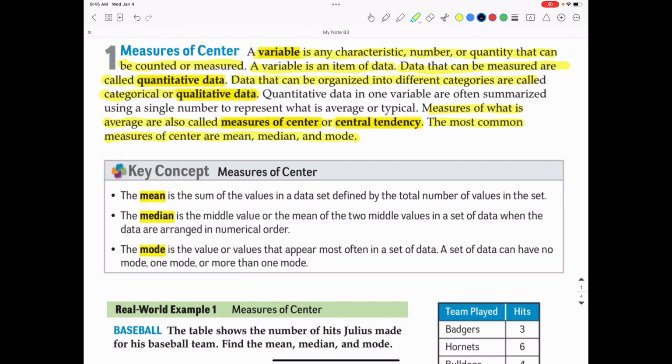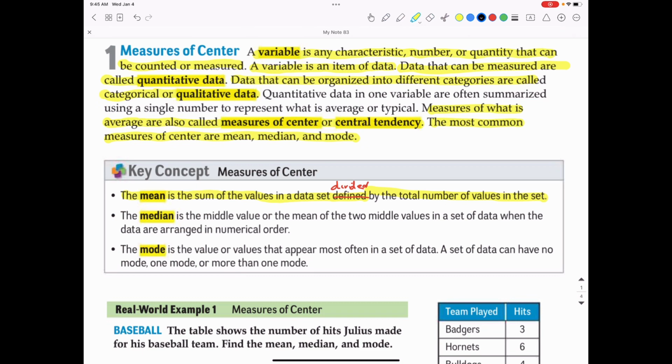So we're going to talk about how to compute the mean, median, and mode and what they mean. The mean is the sum of values in a data set divided by, and the book was wrong on that, it's supposed to say divided by the total number of values in the set. This is what we commonly think of when we think about averages: you add all the numbers together and divide by how many pieces of data there are.